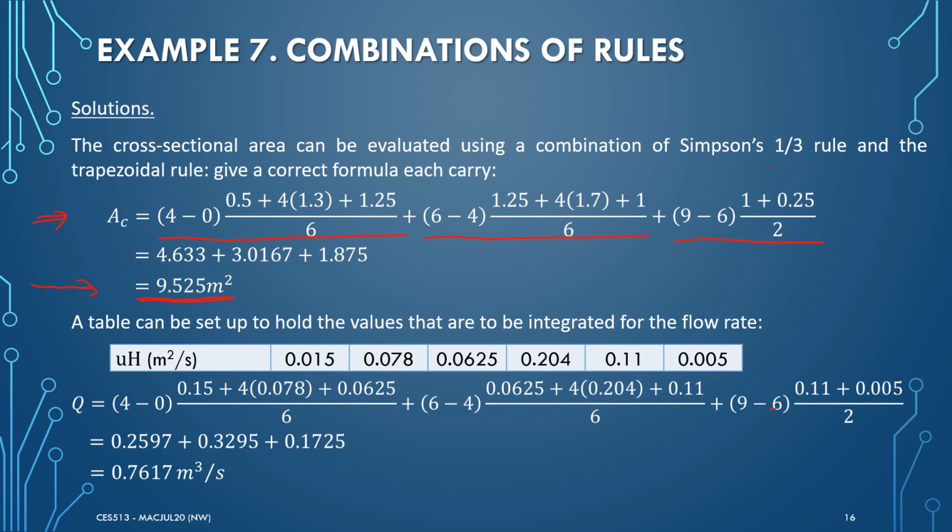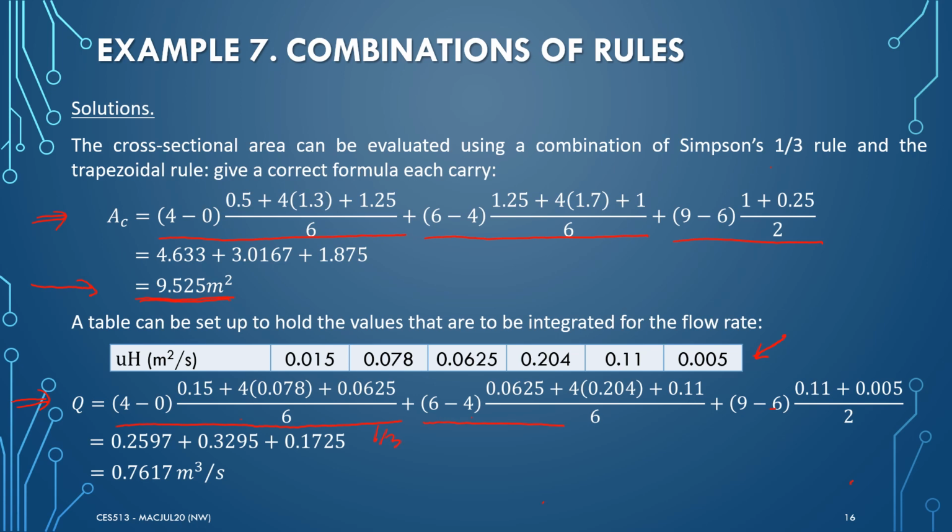A table can be set up for the values that are to be integrated for the flow rate. So we calculate the uh from the table given in the question, and then integrate for the flow rate. Note here that it's similar to the cross-sectional area method. For the first 3 points from 0 to 4, we are using the one-third rule.